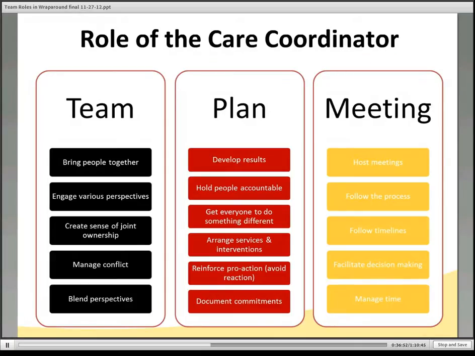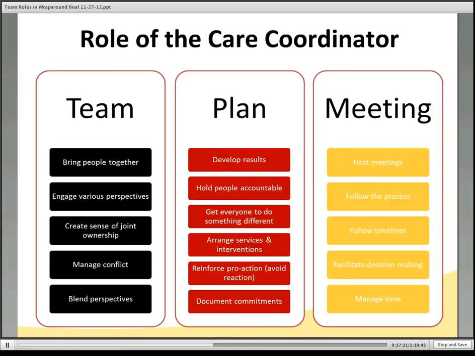And also listening to that family story to identify potential team members. Are we asking the questions around who is supporting the family during all of the things that they've gone through? And it's really the care coordinator's role to elicit that and to purposefully seek out the strengths and potential team members for the team, actually.